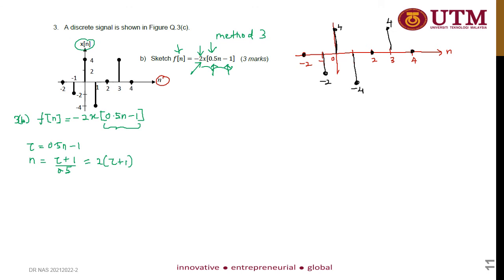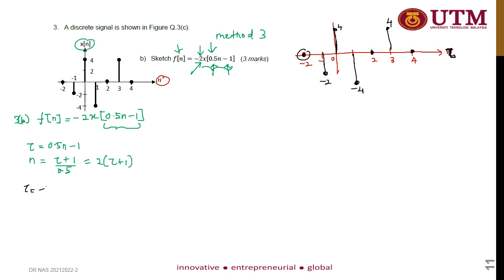Right, so change the n to tau. So now consider the tau values to determine the new n position. Although the magnitude is 0, you still need to consider it, because based on the calculation, you may have magnitude in the new n axis.